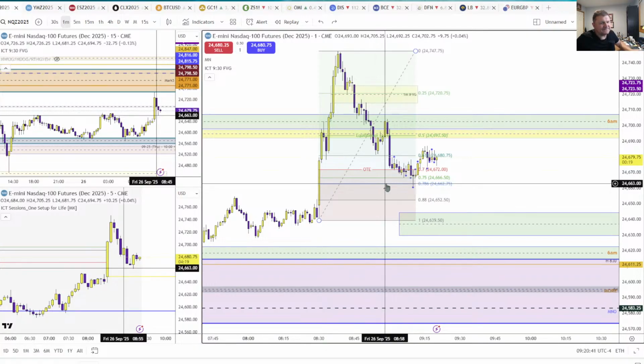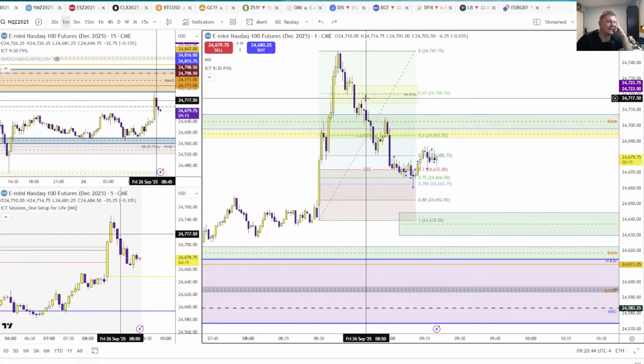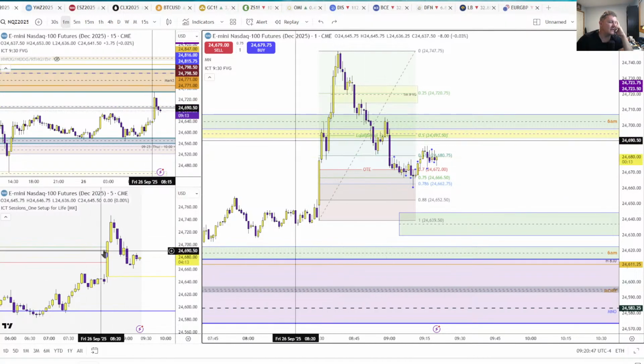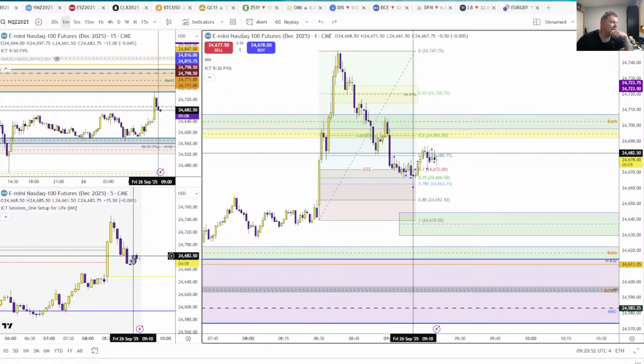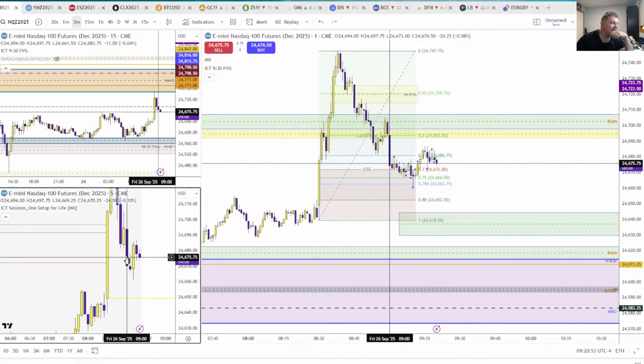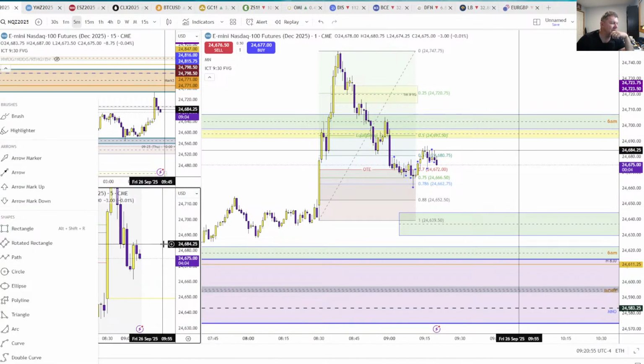So you just wait, because we have no certainty about higher or lower so much right now, other than we are lower. Sorry, we are lower. And there's a small little civvy right here on the 5 minute.